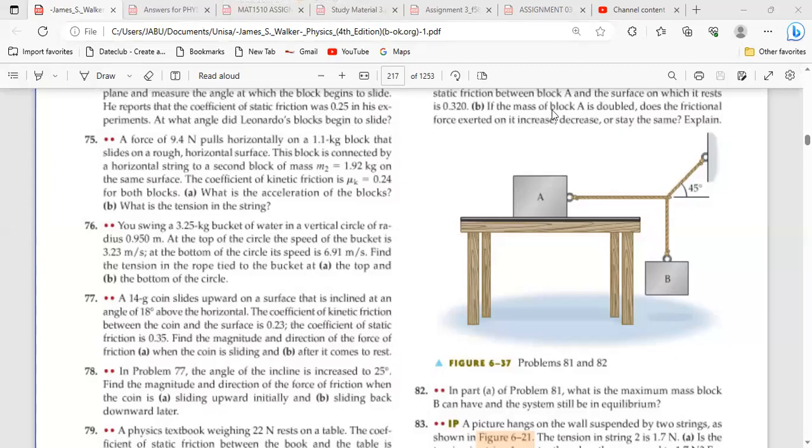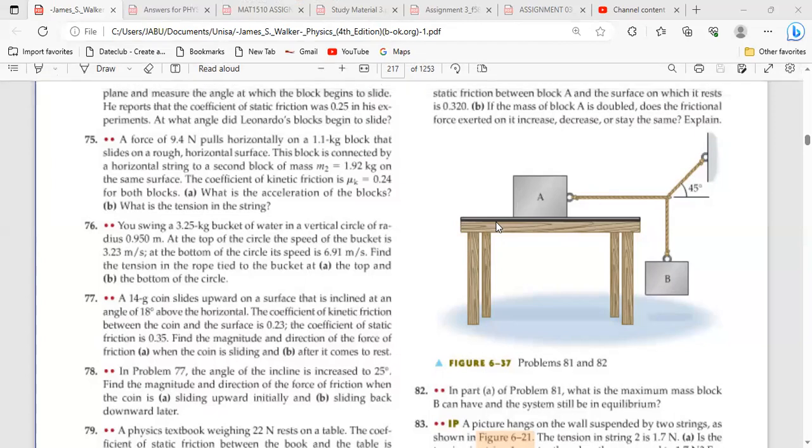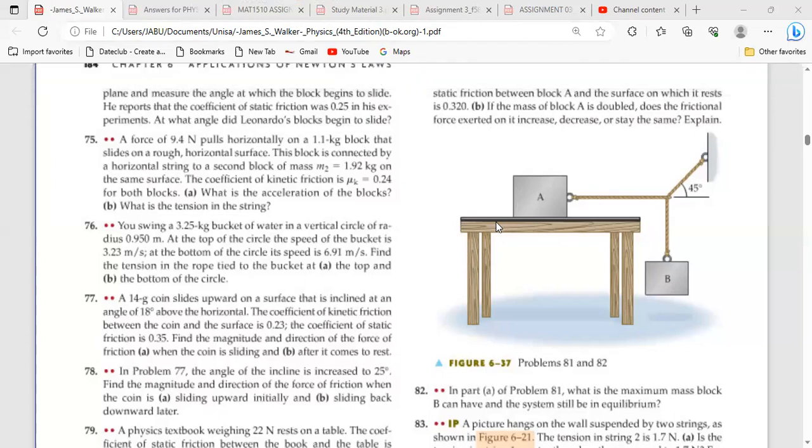B, if the mass of block A is doubled, does the frictional force exerted on it increase, decrease, or stay the same? Explain. Yeah, the frictional force will not be affected by the change in mass.